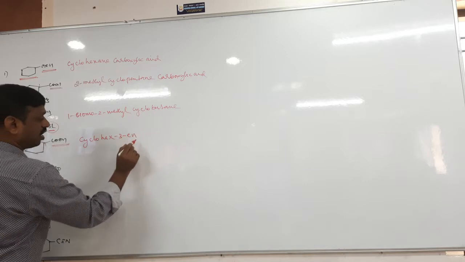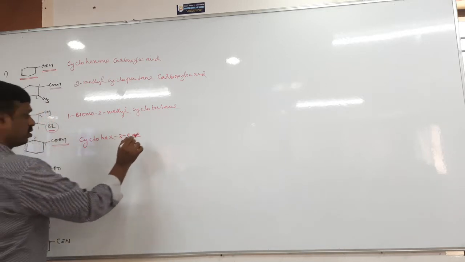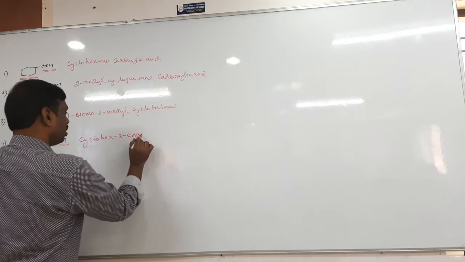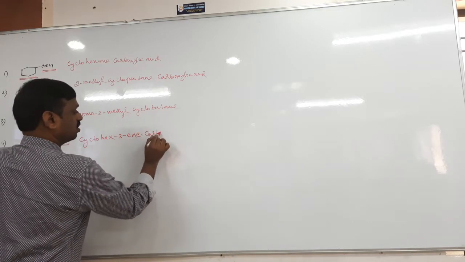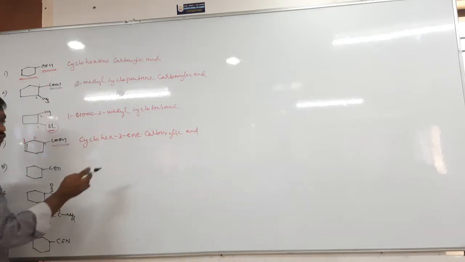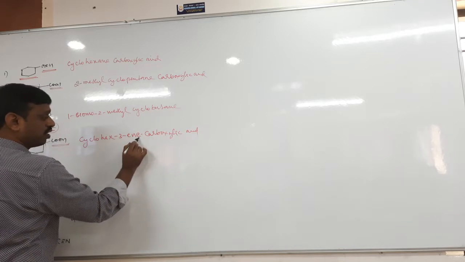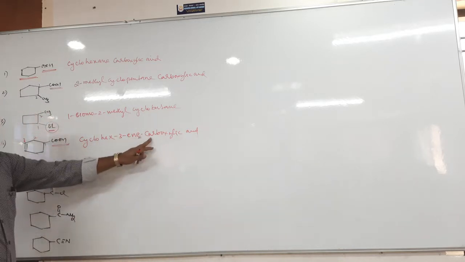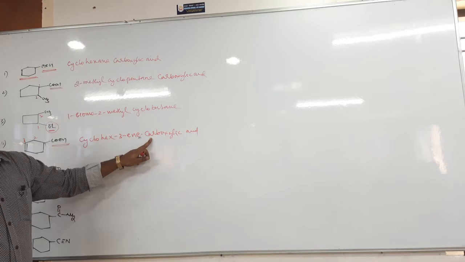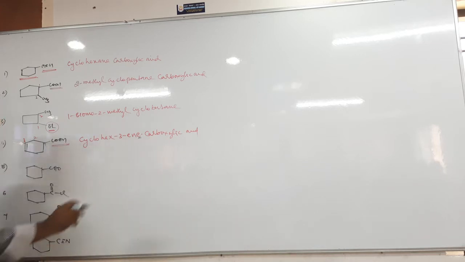Cyclohex-3-ene. Shall I write ene? Yes, cyclohex-3-ene carboxylic acid. Why should we write ene? Because the secondary suffix is carboxylic acid. Does this carboxylic acid start with a, e, i, o, u? No. That's why it should be written ene.